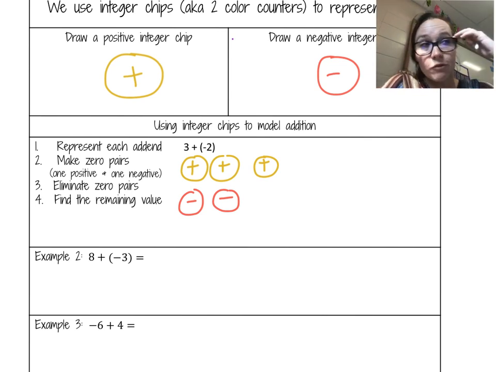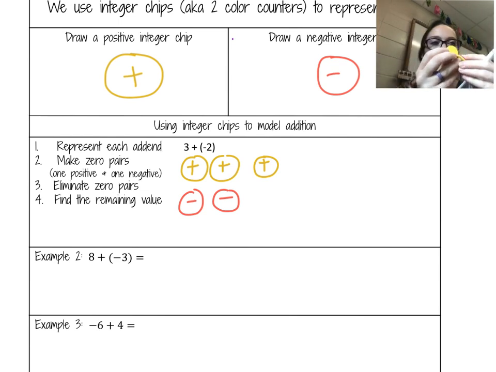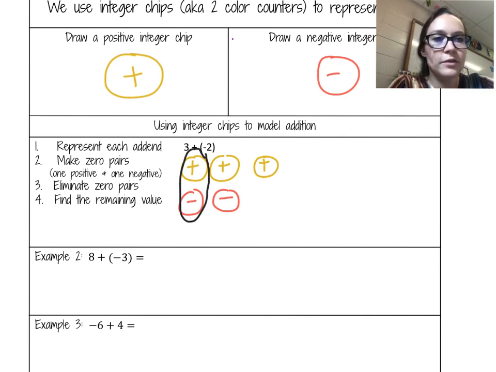Okay. Then remember our vocab words. A zero pair is a pair of numbers whose sum is 0. So a positive version of that number and a negative version of that number. So when I put these together, they make 0, so I can take it away. So I'm going to circle my 0 pairs. So here's a positive with a negative, and here's a positive with a negative.